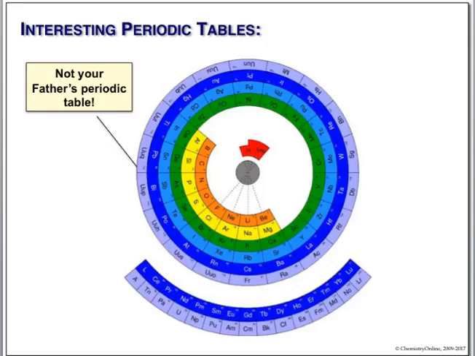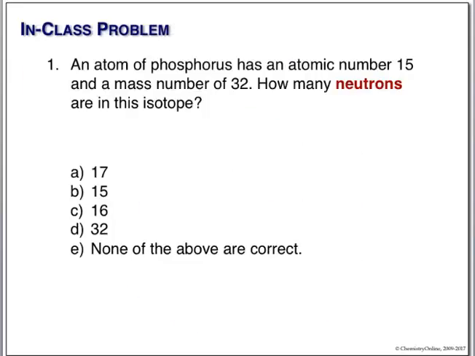All right, let's wind up chapter 2 here just by doing some simple problems. An atom of phosphorus has an atomic number of 15, a mass number of 32. How many neutrons are in this particular isotope? Once again, these are real questions off real exams.